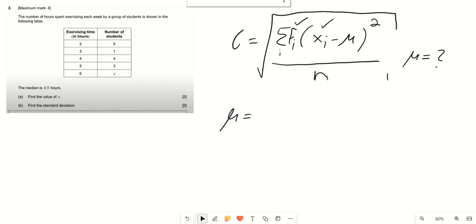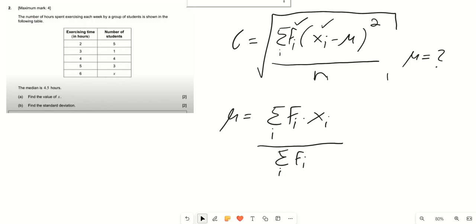For that there is also a formula in the booklet. Mu is the sum of fi times xi over i divided by the sum of fi over i.